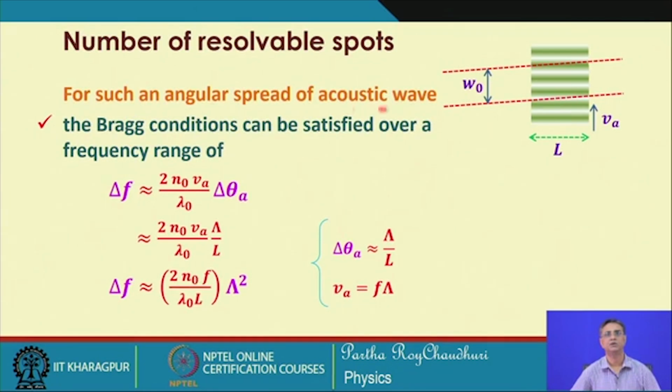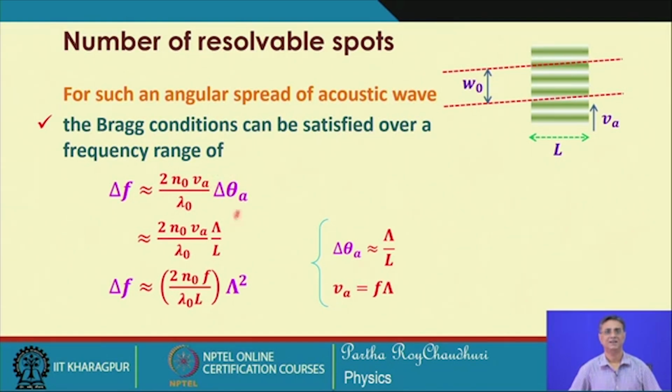So, for such an angular spread, this is L, the width of the acoustic wave, and this is the width of the optical beam. Over this length the interaction takes place, and the Bragg condition can be satisfied over a range of frequencies, and the range of acoustic frequency delta f, as we have seen, is given by this equation.